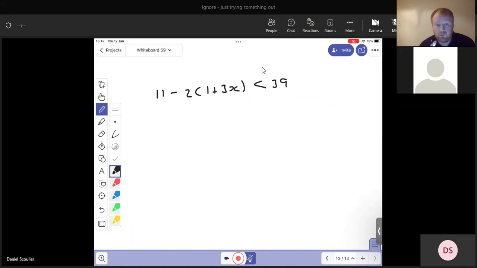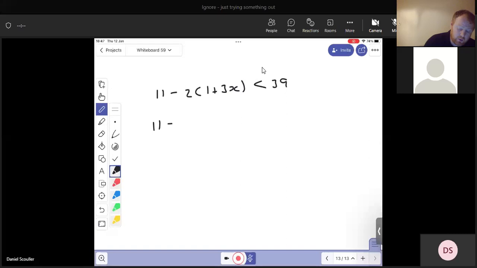So again, looking at that, straight away, I want to be left with x terms on the left-hand side and a whole number on the right-hand side. What I want to do is break that bracket up. Get rid of that bracket, so it's just whole numbers and x terms, and then we can move that across. So I'm just going to do that.